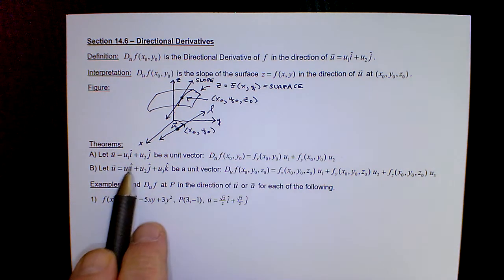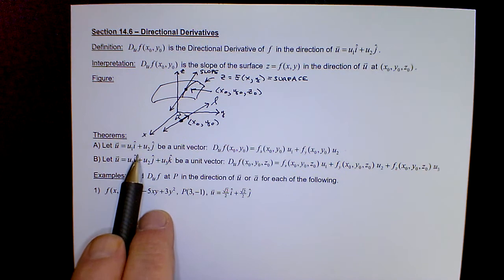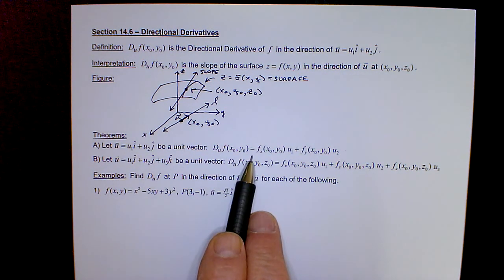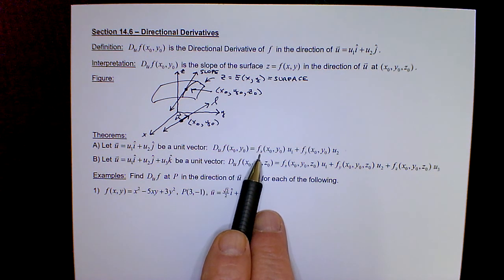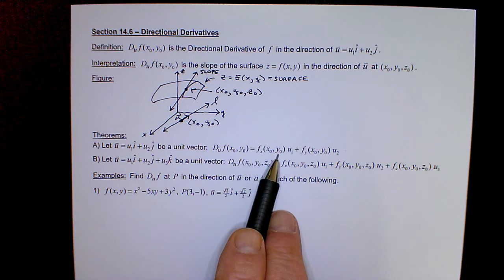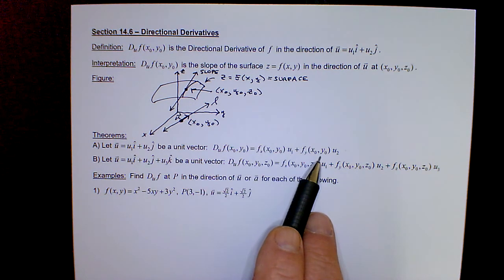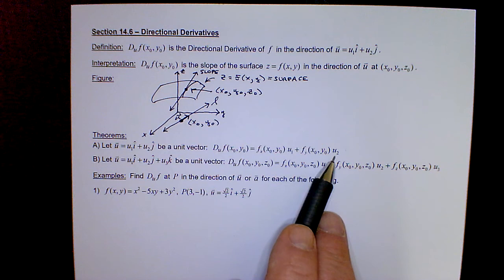So here's how we find them. If we have a unit vector, then here's a formula for the directional derivative of the function in the direction u, and it's just the partial of f with respect to x evaluated at the point times u1, plus the partial of f with respect to y evaluated at that point times u2.